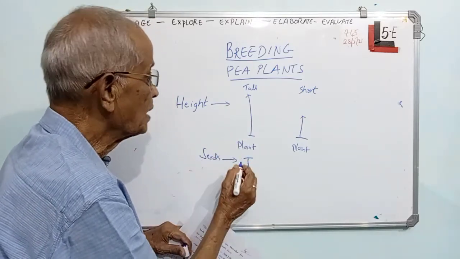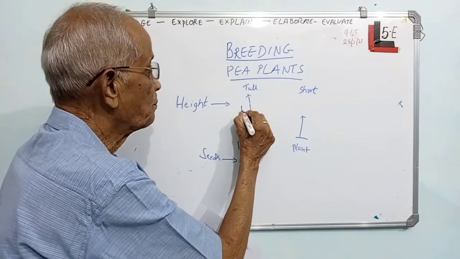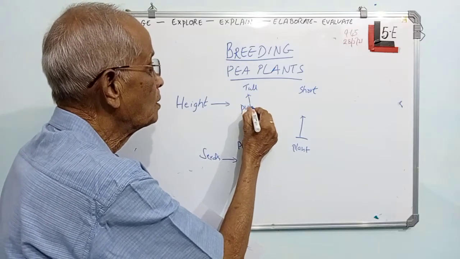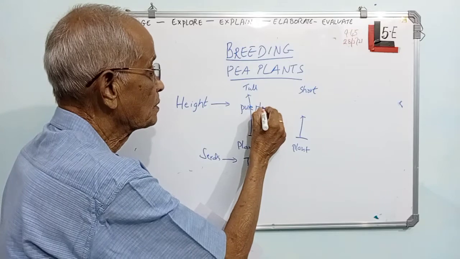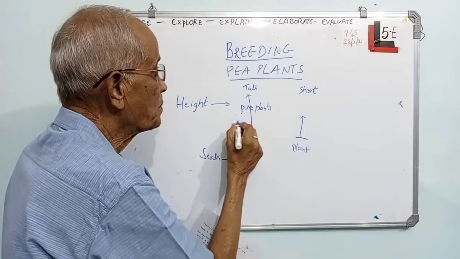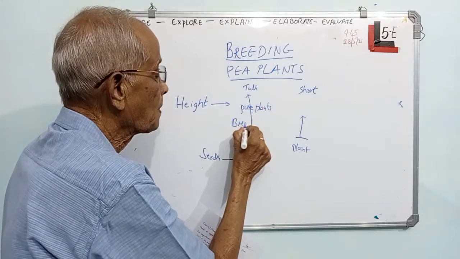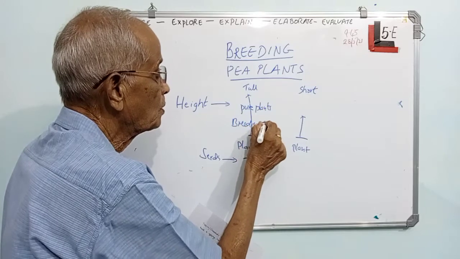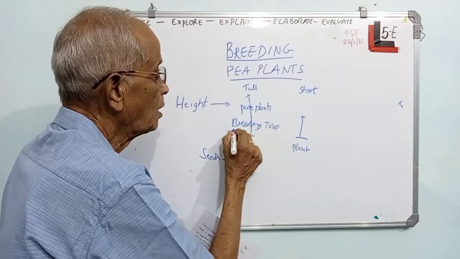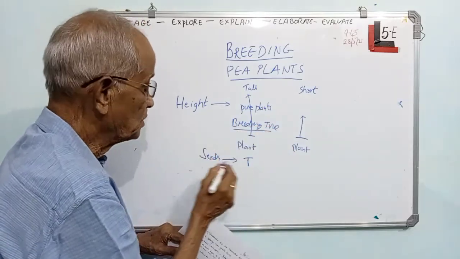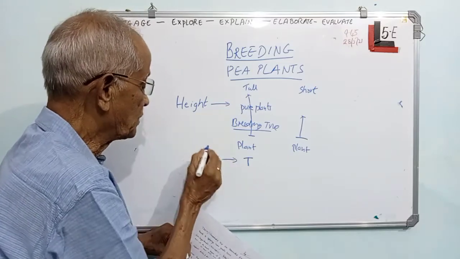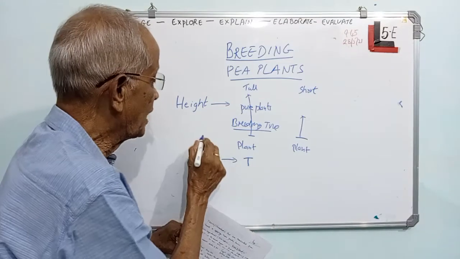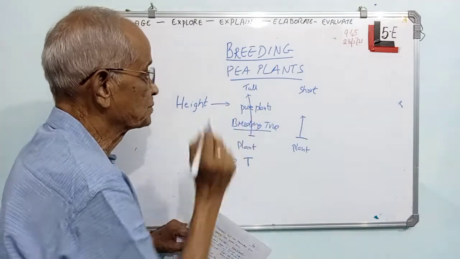So he called such plants pure plants, or true breeding for one trait. So these seeds always produce, wherever you put them, the tall plants.